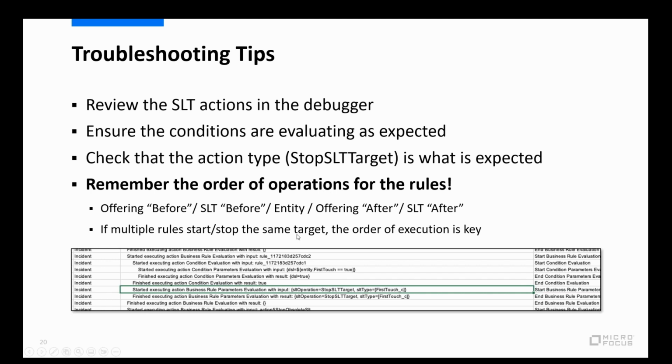If you have offerings, they run in the SLT, the entity rules, then the offering and the SLT. But using the debugger can be very helpful in making sure that what you have planned to run for the SLT is actually running. And some things you can see is if any operation that is run by a specific SLT rule is in any kind of interference with the overall entity rules.